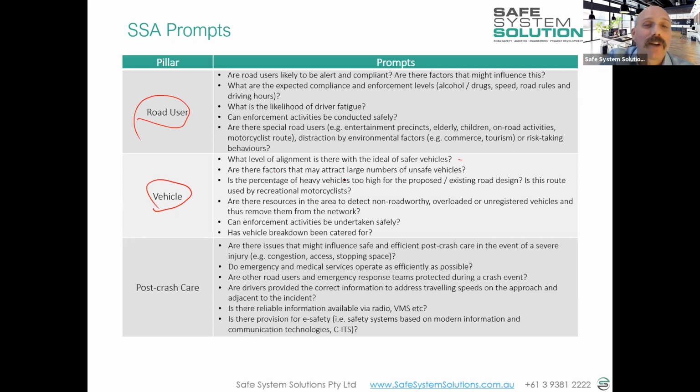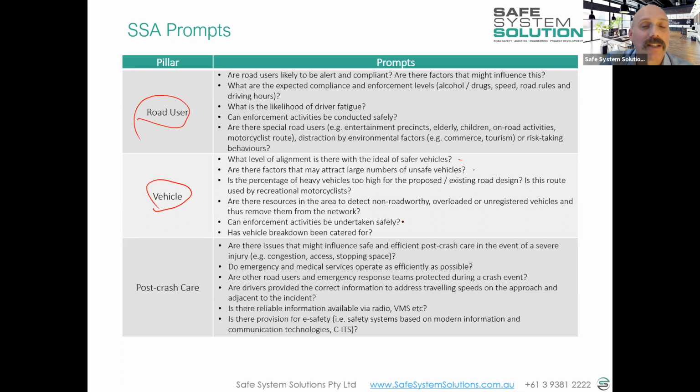Other factors that might attract a large number of unsafe vehicles, that one you might do in your public open road. Is the percentage of vehicles too high for the proposed or existing road design? Is the route used by recreational motorcyclists? Are there resources in the area to detect non-roadworthy, overloaded or unregistered vehicles and thus removing them from the network?